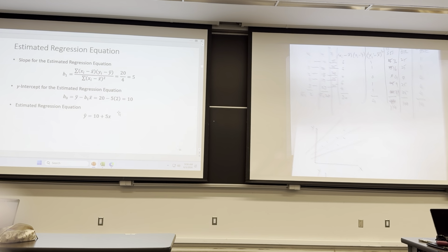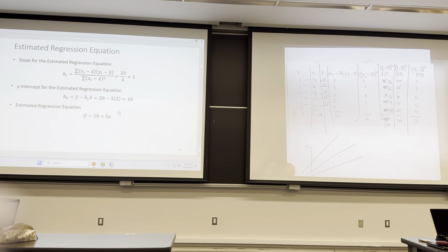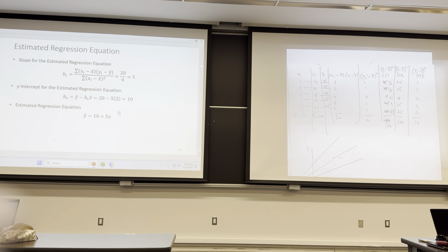Now, look at this chart over here. SST is total sum of the square error. If you just add the error, the answer is going to be 0, so we square it. SST is total sum of squares, SSR is sum of squares due to regression, and SSE is sum of squares error.